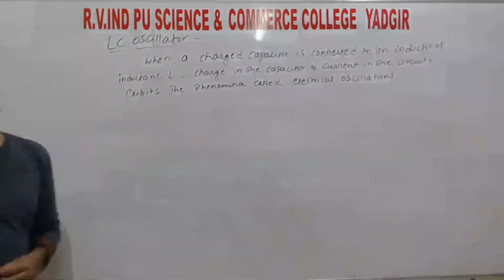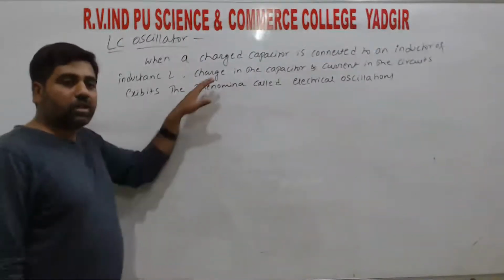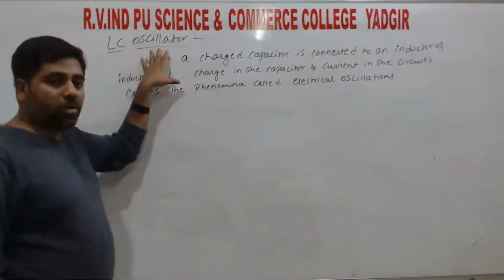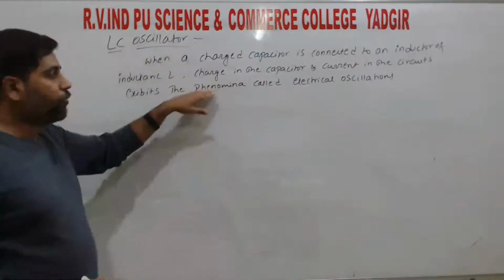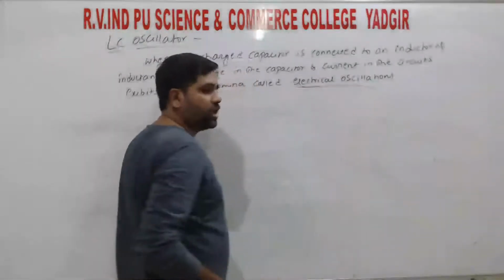It exhibits the phenomenon, and that is called electrical oscillation. So this is the division we are coming to: the LC oscillator. So it exhibits the phenomenon, and that phenomenon is the electrical oscillation, right?